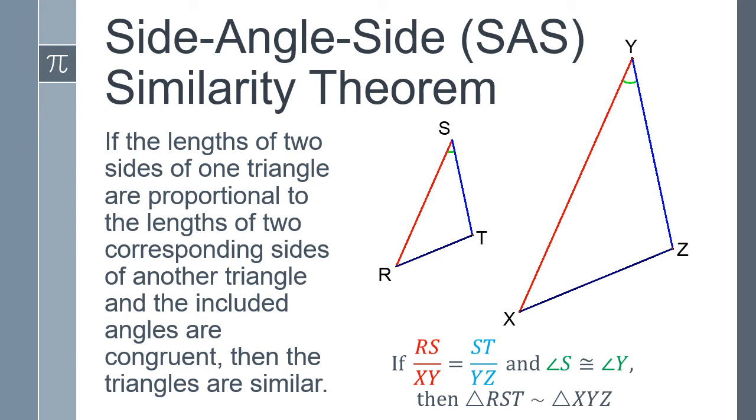If the lengths of two sides of one triangle are proportional to the lengths of two corresponding sides of another triangle, and the included angles are congruent, then the triangles are similar. So in our diagram here, if RS to XY equals ST to YZ, and angle S is congruent to angle Y, then triangle RST is similar to triangle XYZ.